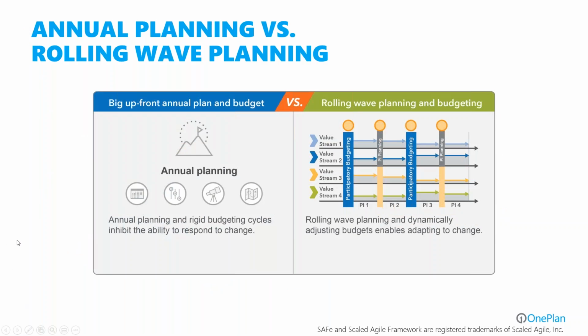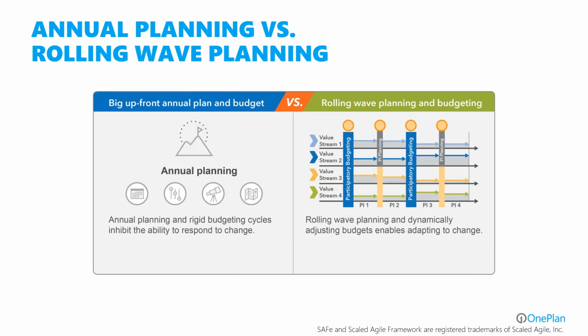Another big shift with LPM thinking for business agility is moving from annual planning to rolling wave planning. In fact, LPM has very specific recommendations on cadence for this. And I've tried them, and I'm very pleased with how this works.